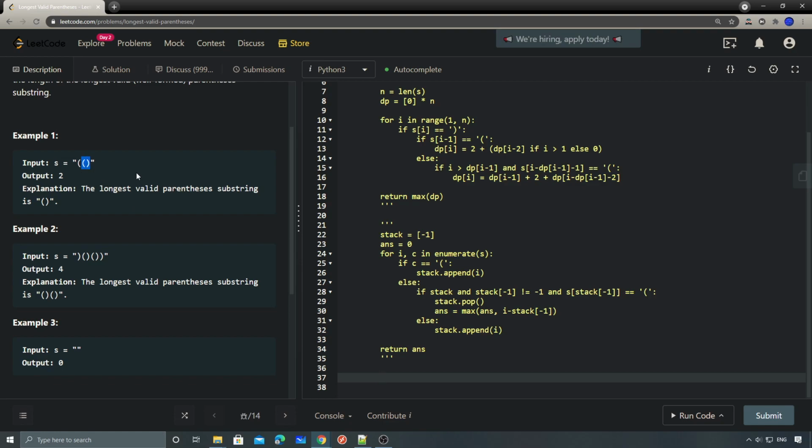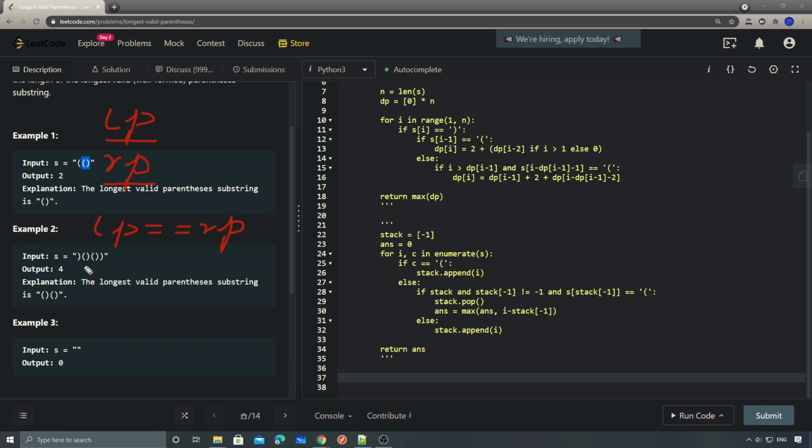We keep two counters, a left parenthesis counter and a right parenthesis counter. As we traverse from left to right, we just keep increasing the left and right counters, and every time the left and right counts are the same, then we know we found a valid pair of the parentheses string.